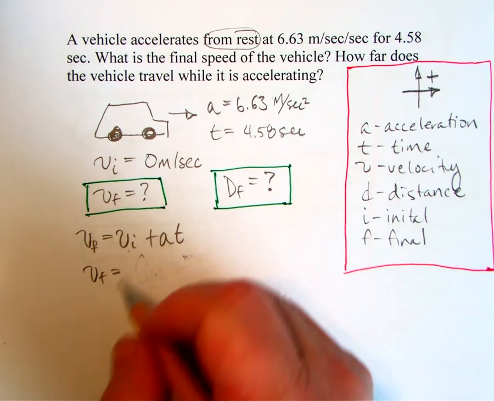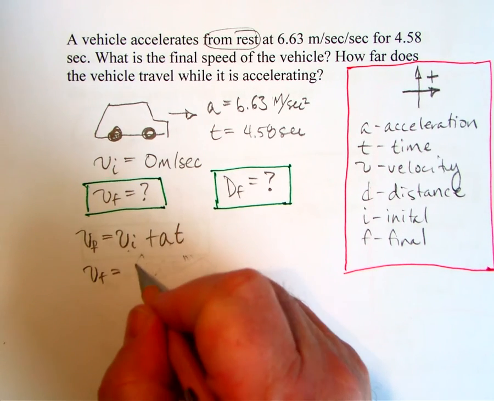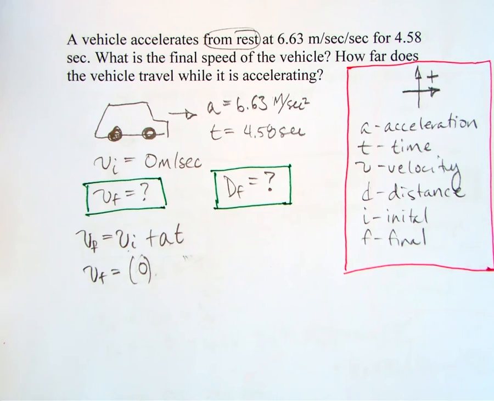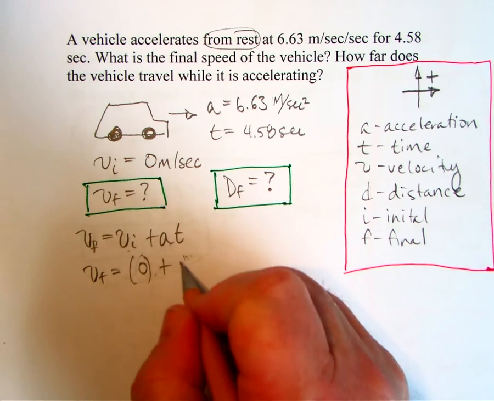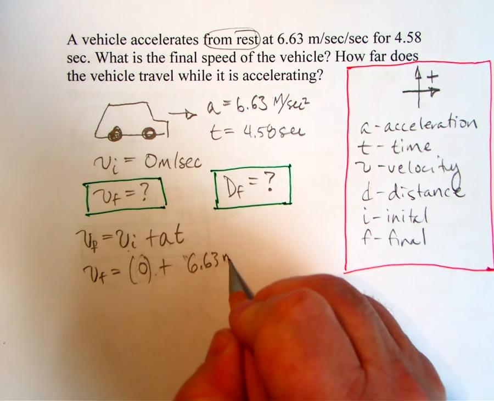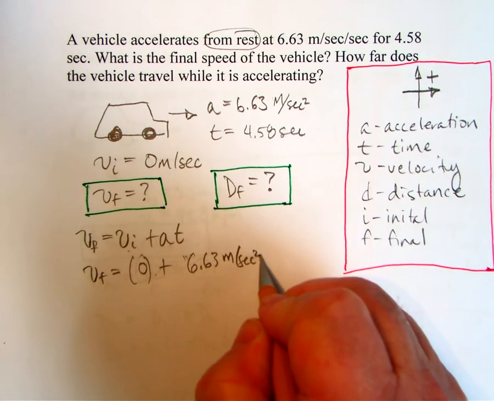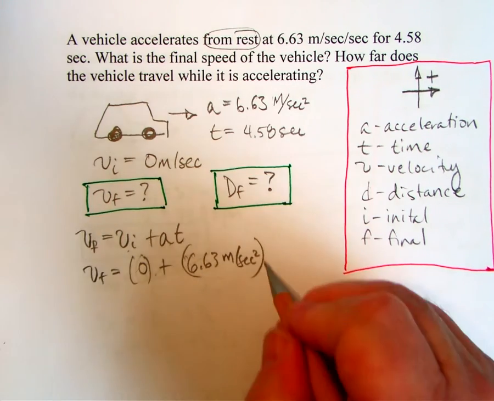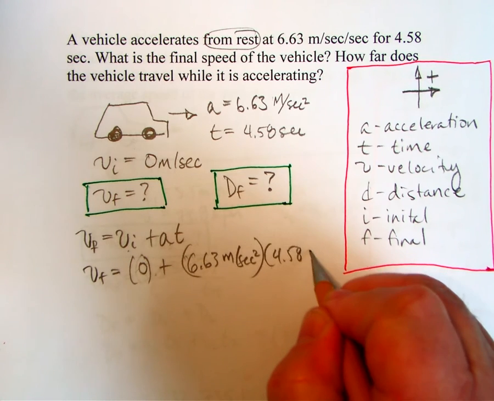So the initial velocity, what is that? That's 0, okay, plus the acceleration, 6.63 meters per second squared, times 4.58 seconds.